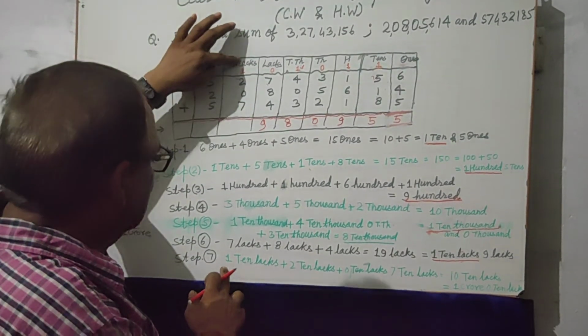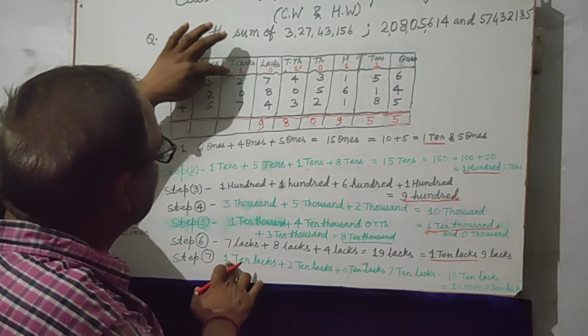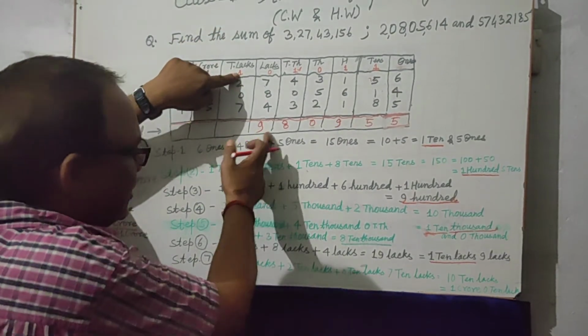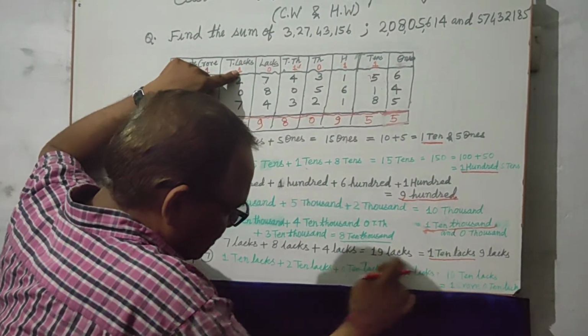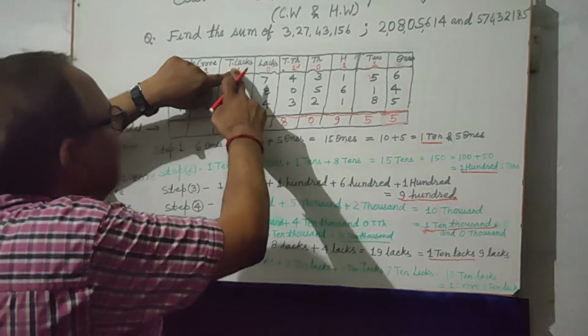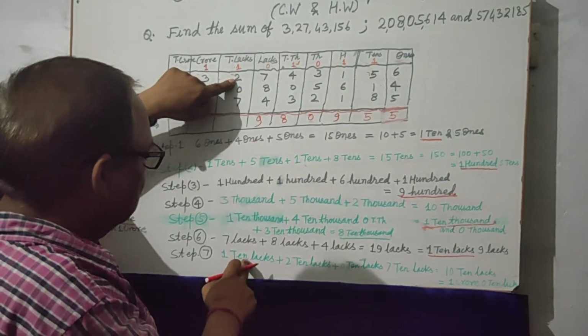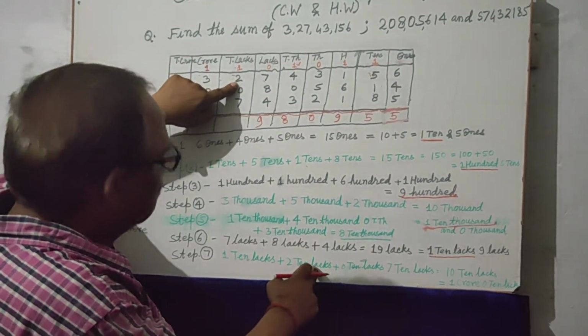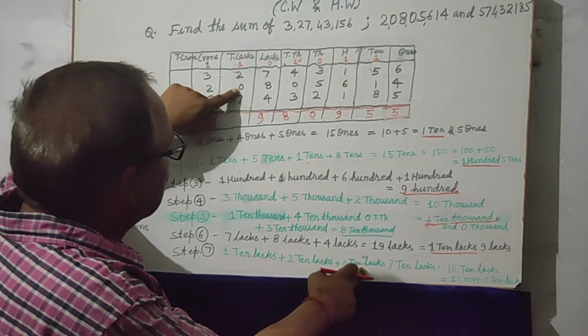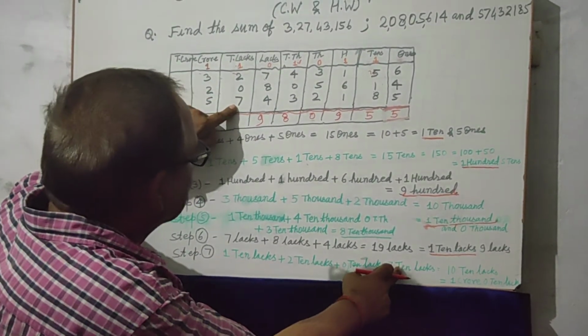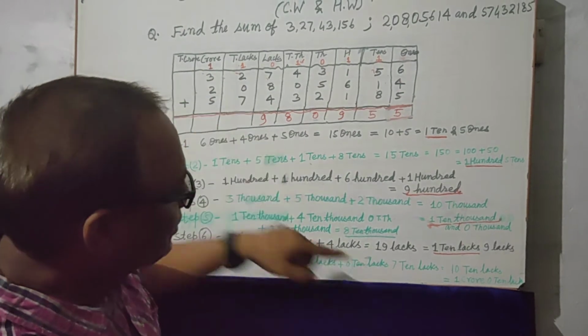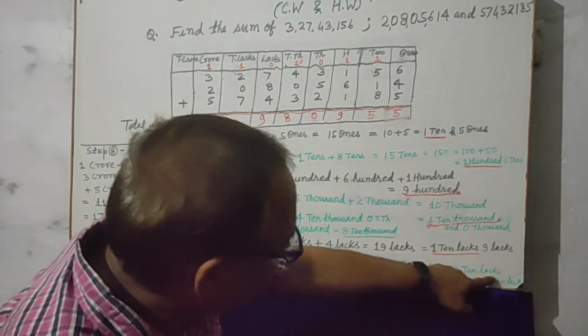Now 1 ten lakh carried from the 19 lakhs, 1 ten lakh, 2 ten lakhs, 0 ten lakhs, 7 ten lakhs. Sum is 10 ten lakhs.